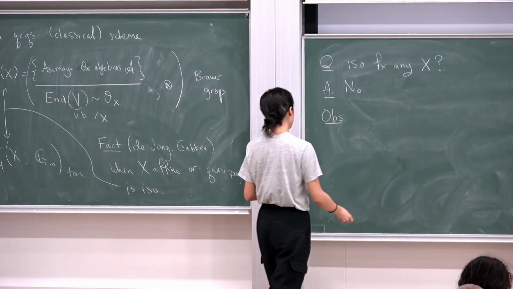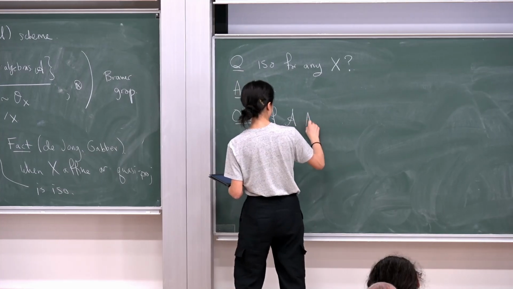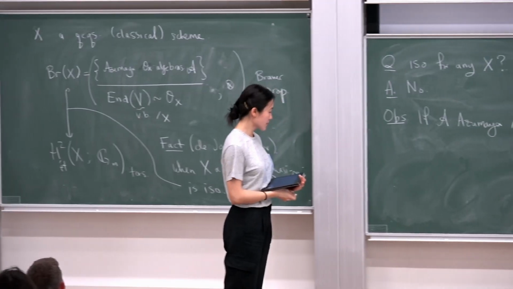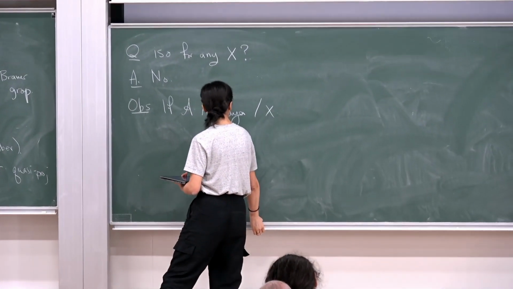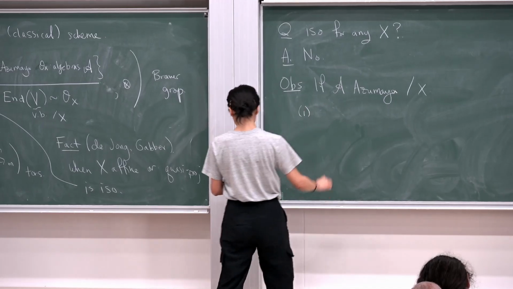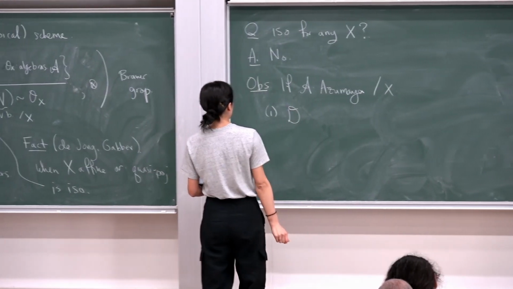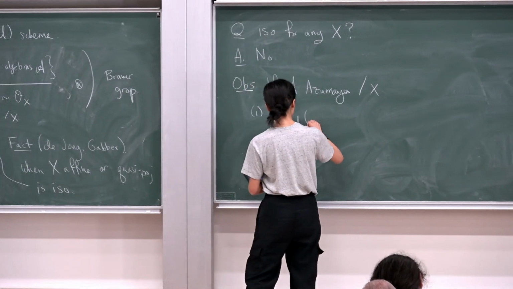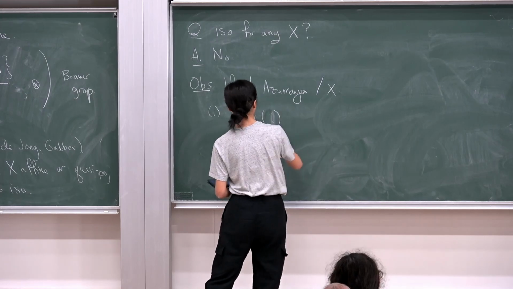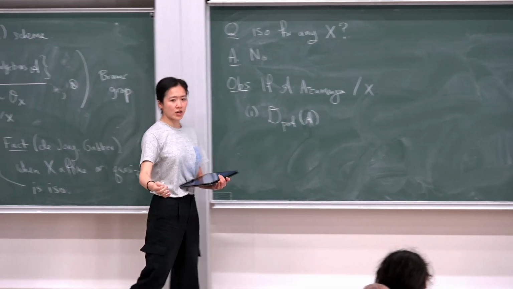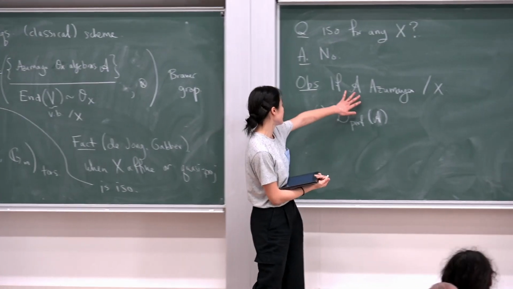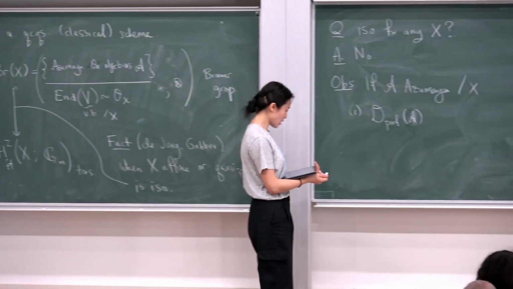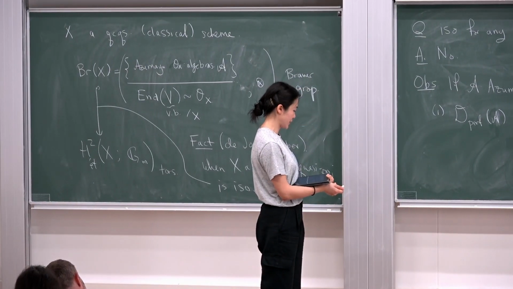If A is Azumaya over X, then I want to consider the derived category, or the perfect derived category of A. So this is left A-modules in OX modules, and consider those with perfect homology.